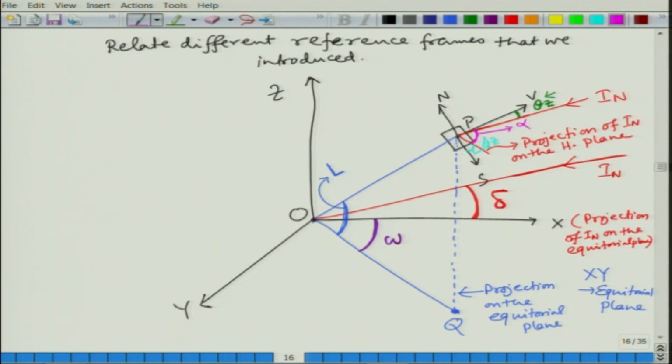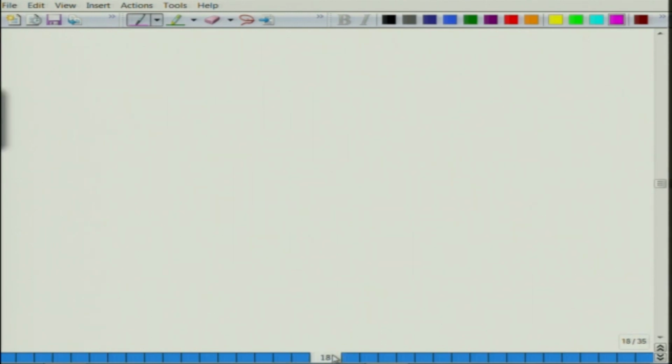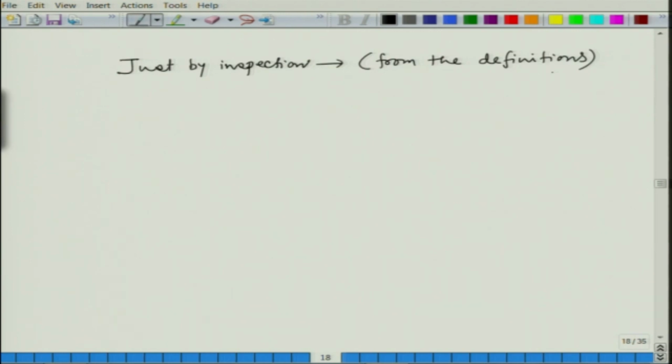Let us go to the next screen and see that just by inspection, from the definitions, the solar zenith angle and the solar altitude angle are complementary to each other.